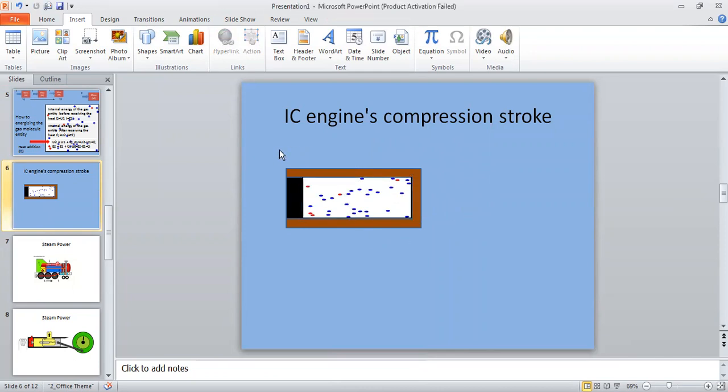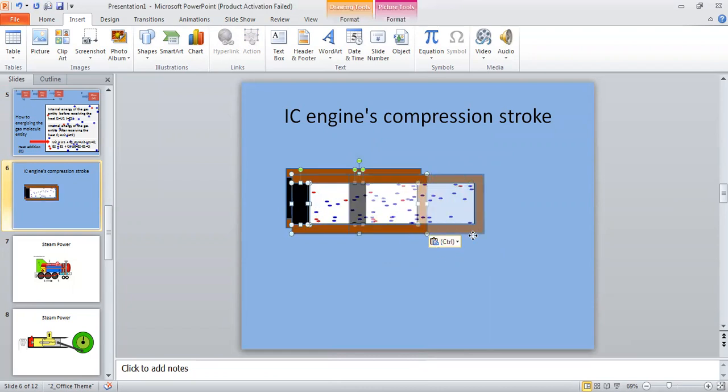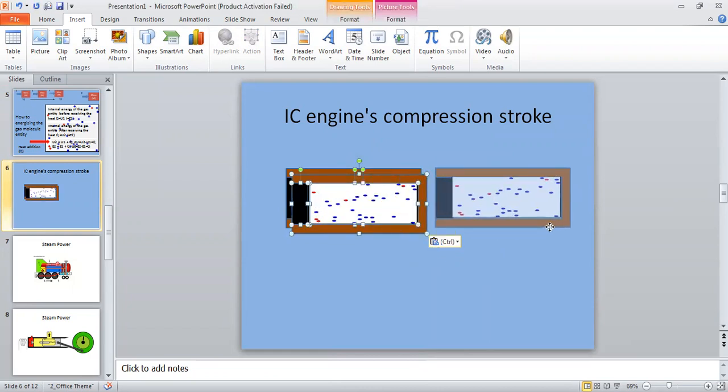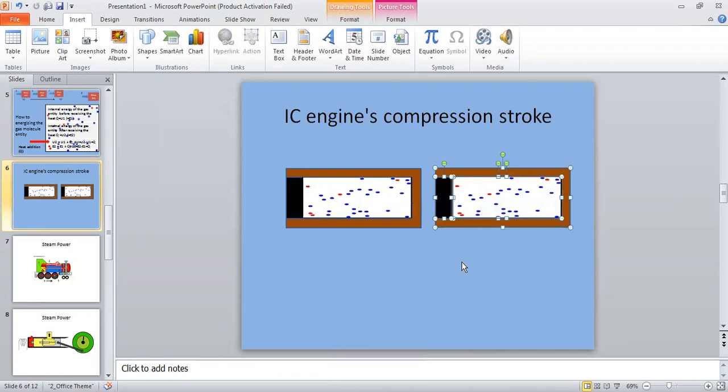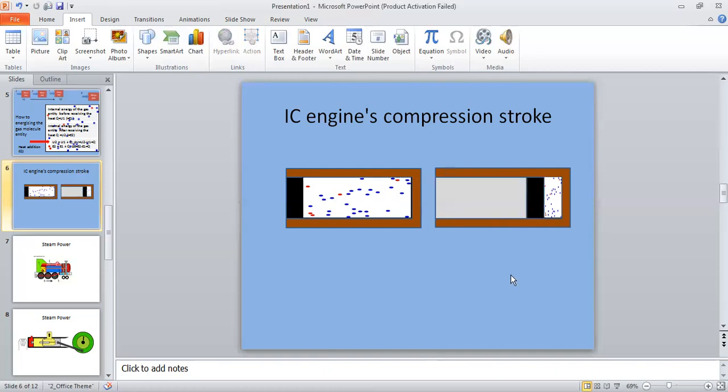Compression stroke. So you have the gas entity here. That's the beginning. End of the compression stroke. As the piston moves, it comes like this.